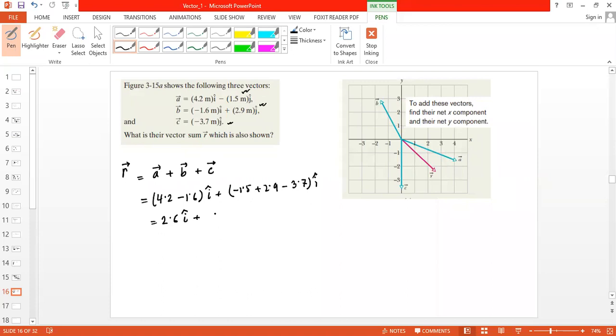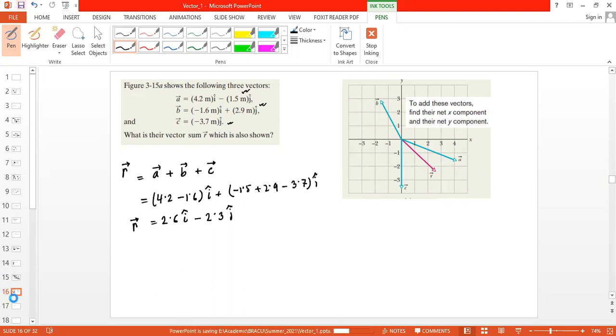So minus 2.3. This should be minus 2.3. Is it clear? So this is the vector R. Is it clear? Yes, sir.